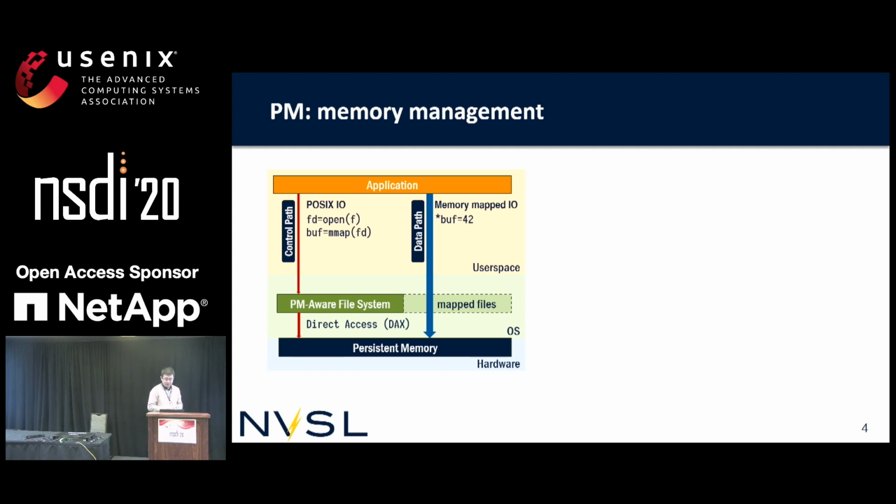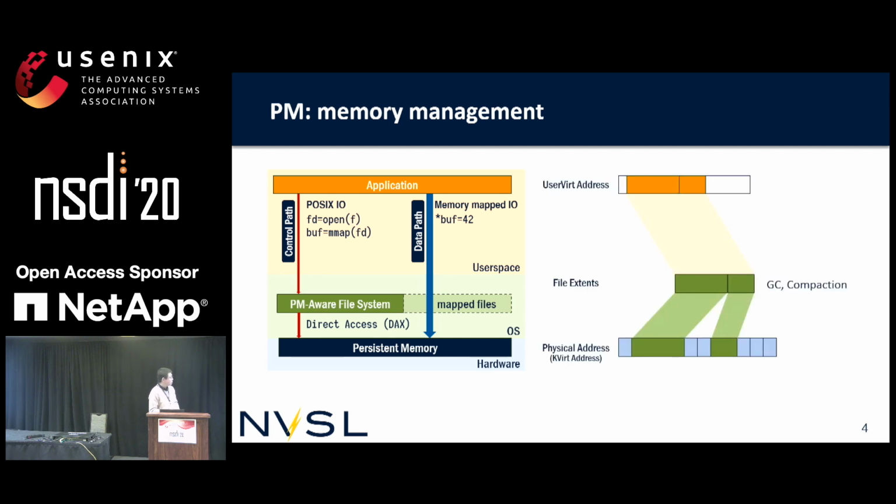Because of a feature called direct access, or DAX, the file system will create the mapping that directly points to the actual memory, so there is no page cache. After those control path operations, the application can simply issue CPU instructions, so the kernel is out of the loop unless we invalidate the page mapping.